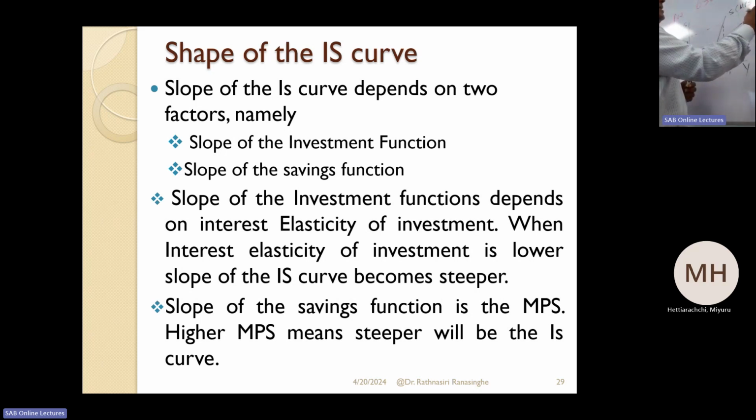And here MPS is low, low sensitivity. If there is low sensitivity between income and savings, the savings curve becomes flatter.